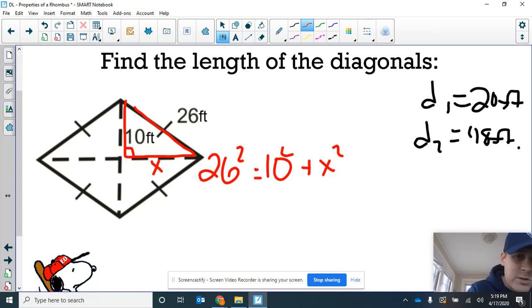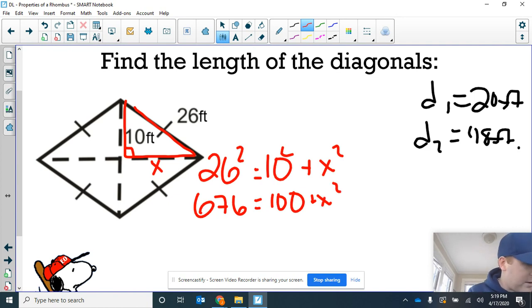So 26 squared is 676, and that equals 100 plus x squared. We subtract 100 from both sides and get 576. Let's square root both sides. We end up with 24 is x.